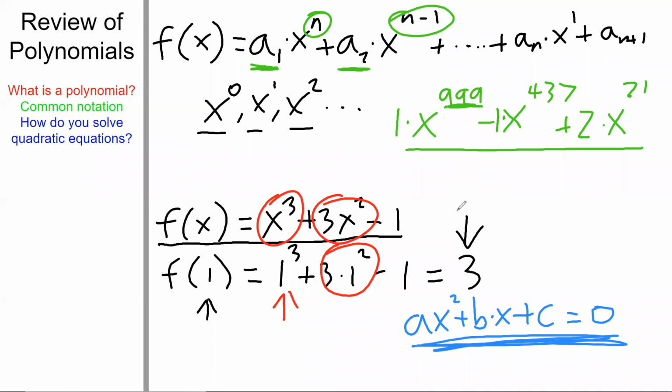If you can factor a quadratic into a product of, for example, x plus something times x plus something else, then you don't need the quadratic formula, because either x plus m is 0 or x plus n is 0. So then x equals negative m or negative n.